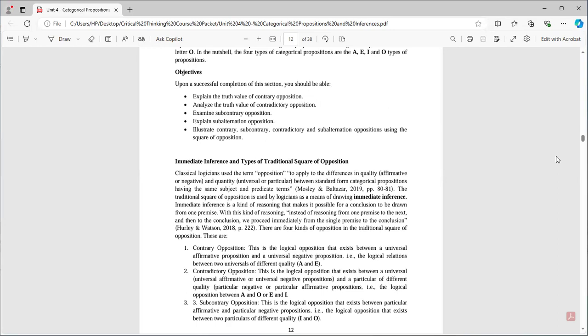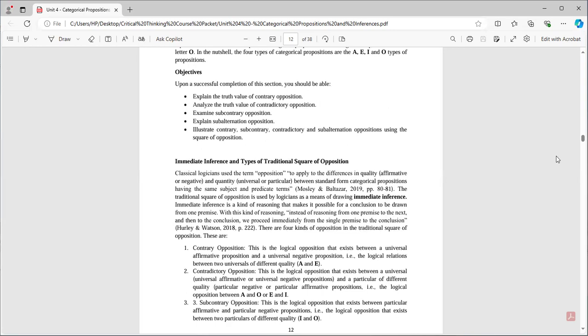And then you have contradictory opposition. A contradictory opposition is an opposition between a universal proposition and a particular proposition of different quality. So the quality is not the same. If the universal is affirmative, the particular will be negative.